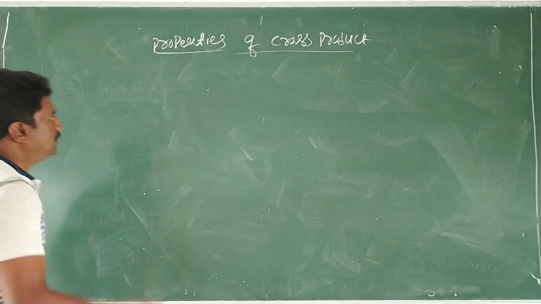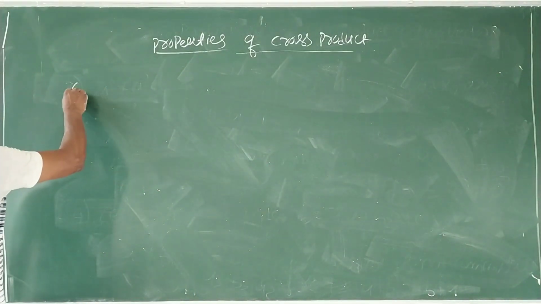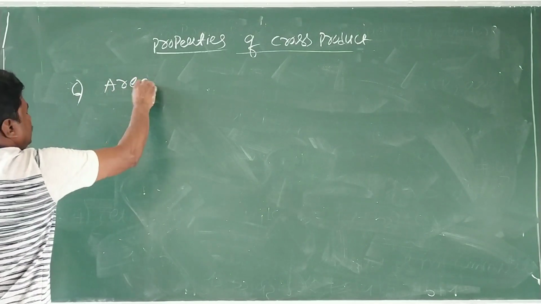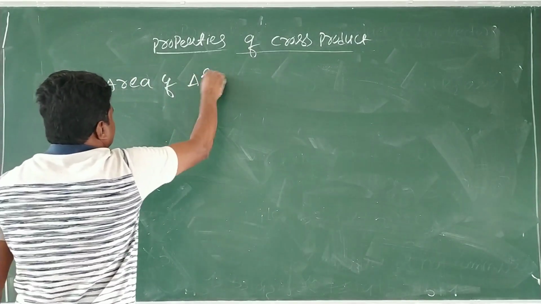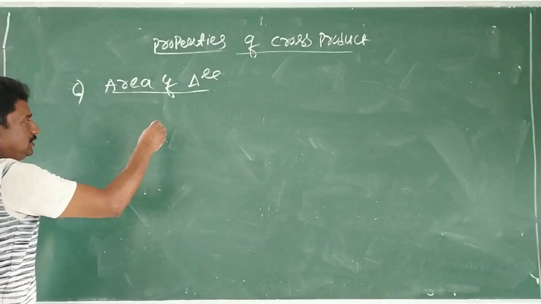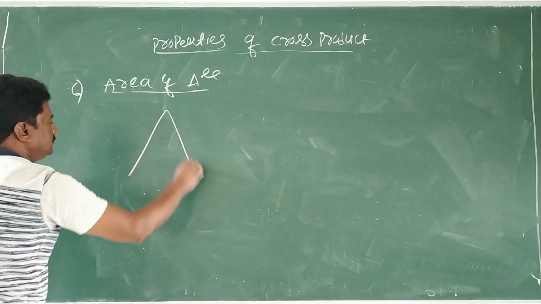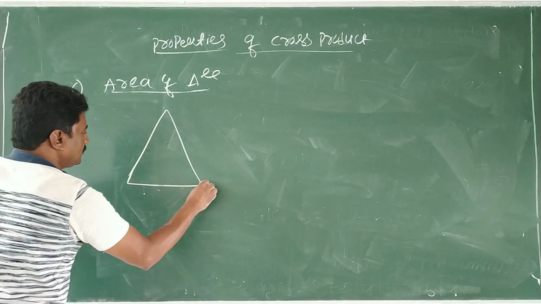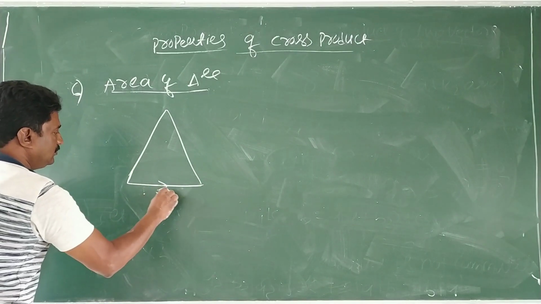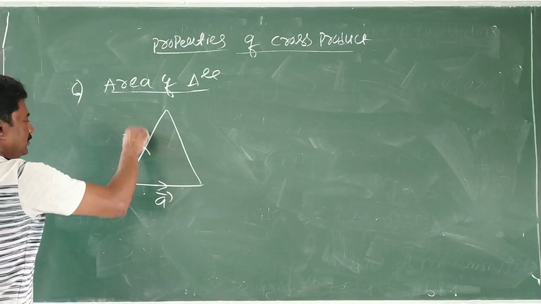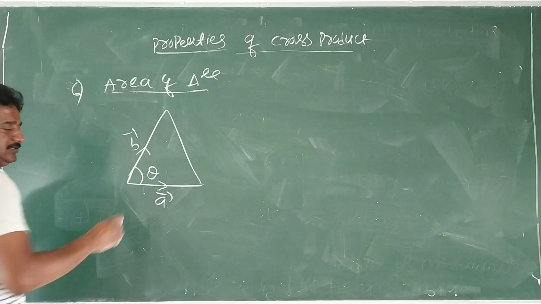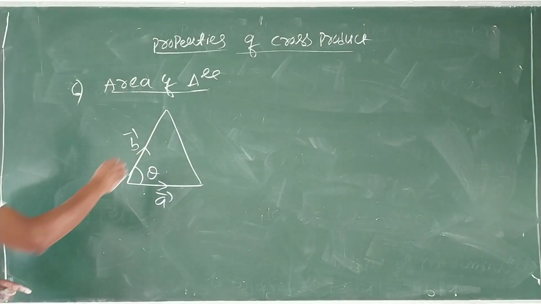Next, area of the triangle. Property number 6, correct? Area of a triangle. Look at this, students. Vector A, vector B, this is theta.